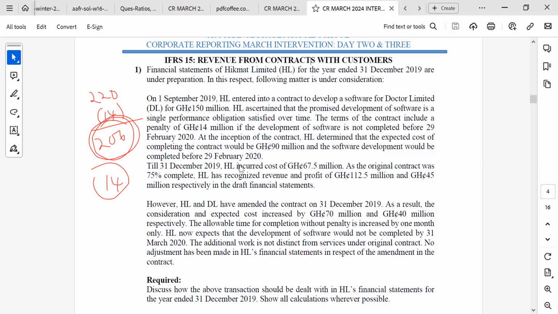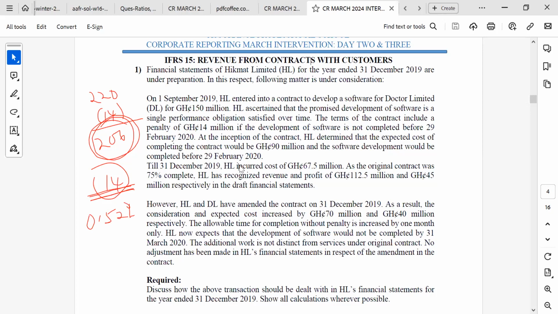So someone can recognize this provision based on the completion, because it's based on how fast the work is being completed. So the person can say that we have done 52% of the work, so since only 52% is done, let's make the provision for only 52% of this work. Someone can also do it like that.